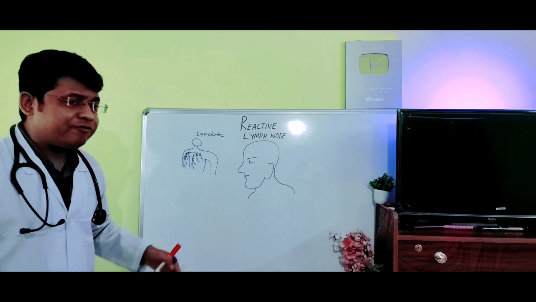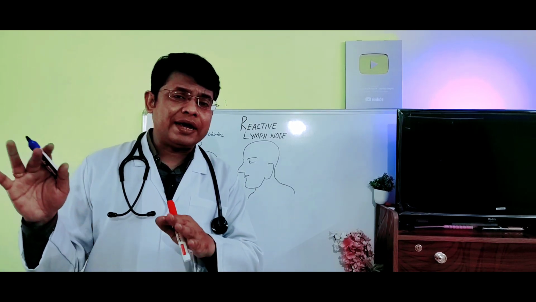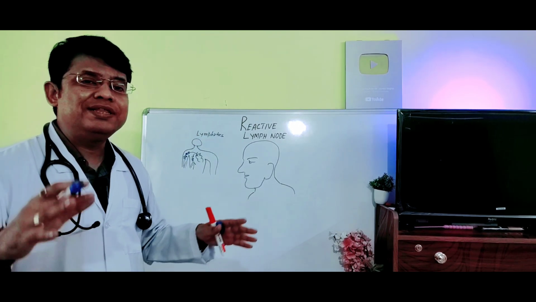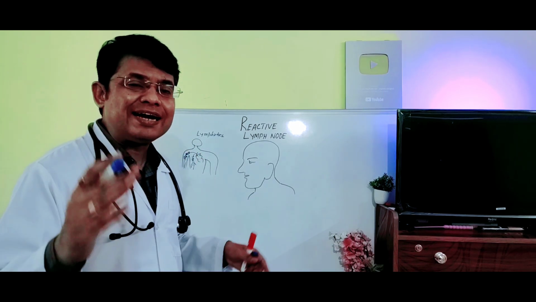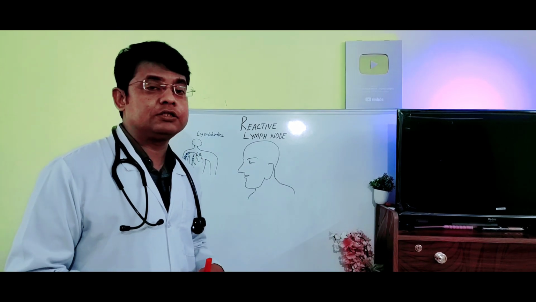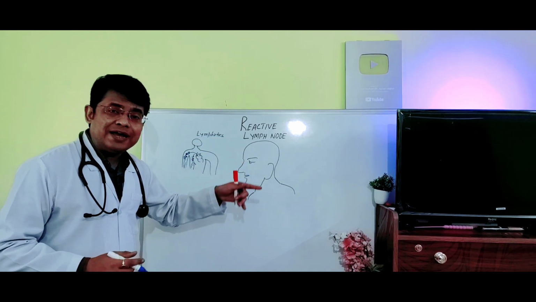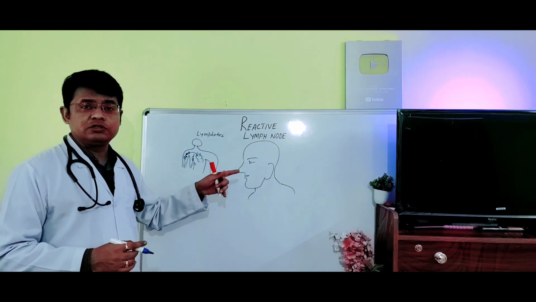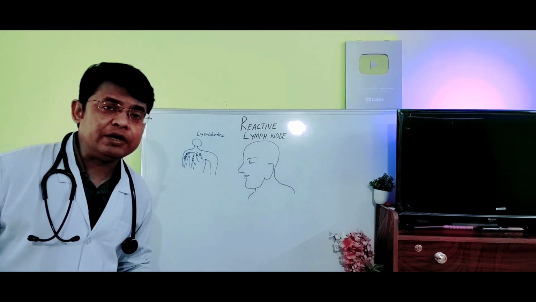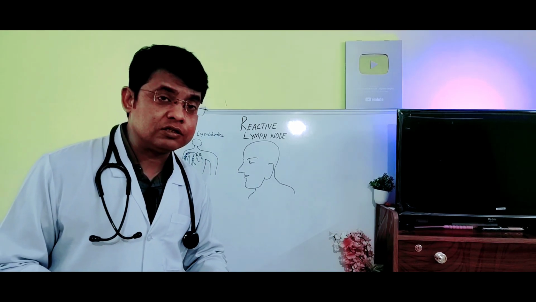If there is cancer involving any part of the body, with the advancement of the disease that cancer can spread to other parts of our body. In that spreading, lymph nodes usually limit the spread of cancer.